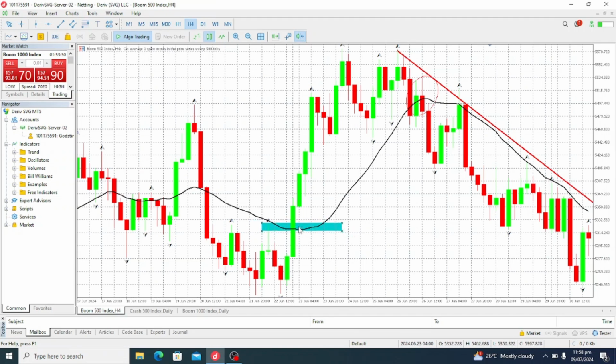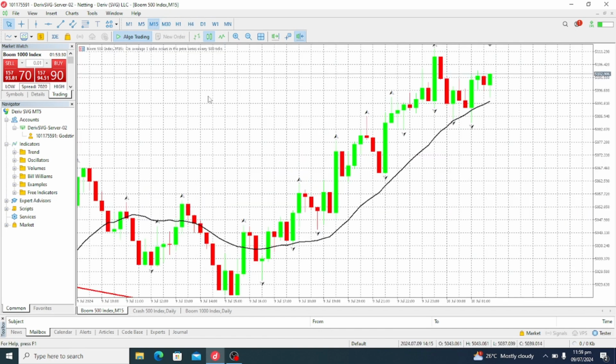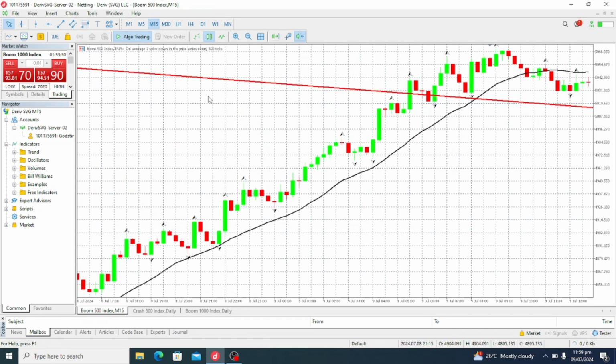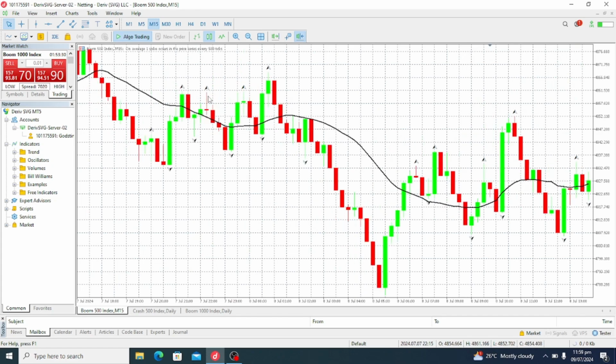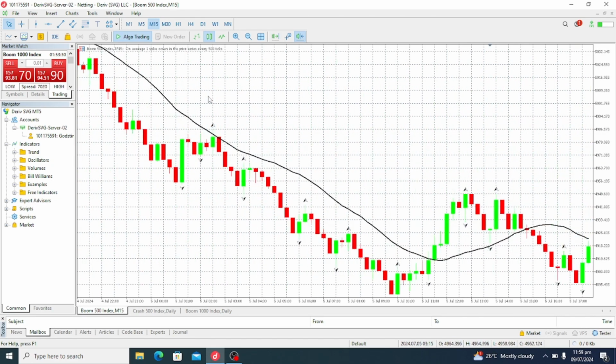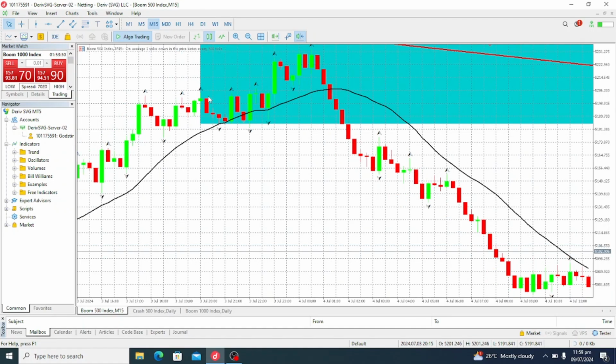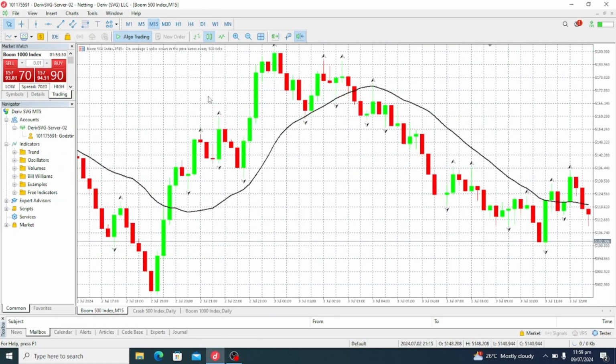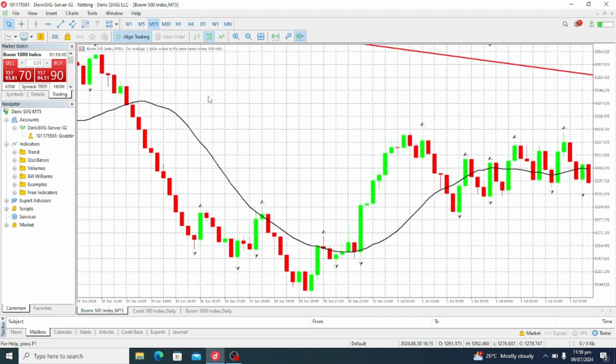When it broke the trend here, if you're a scalper, let's go to probably the 150 minute time frame and check for that particular movement.